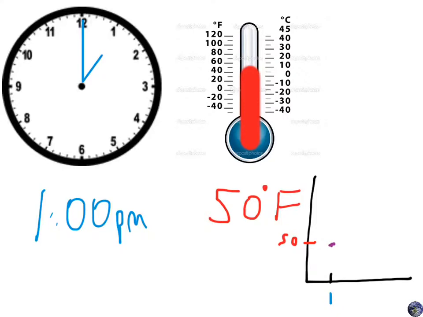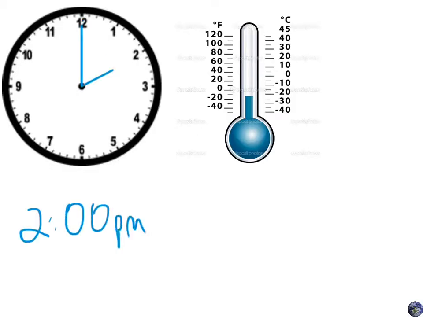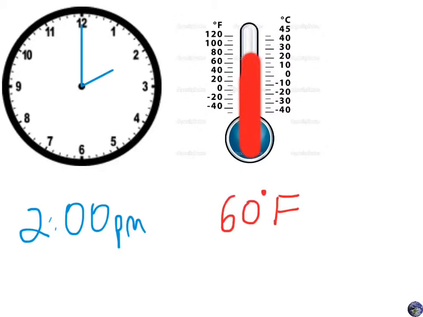Alright, let's say we're interested in what the average temperature is between 1 and 3 p.m. So at 1 o'clock it was 50 degrees, but let's take the temperature again at 2 o'clock. Maybe at 2 o'clock it shoots up to 60 degrees. So I'm going to add another point to the graph.